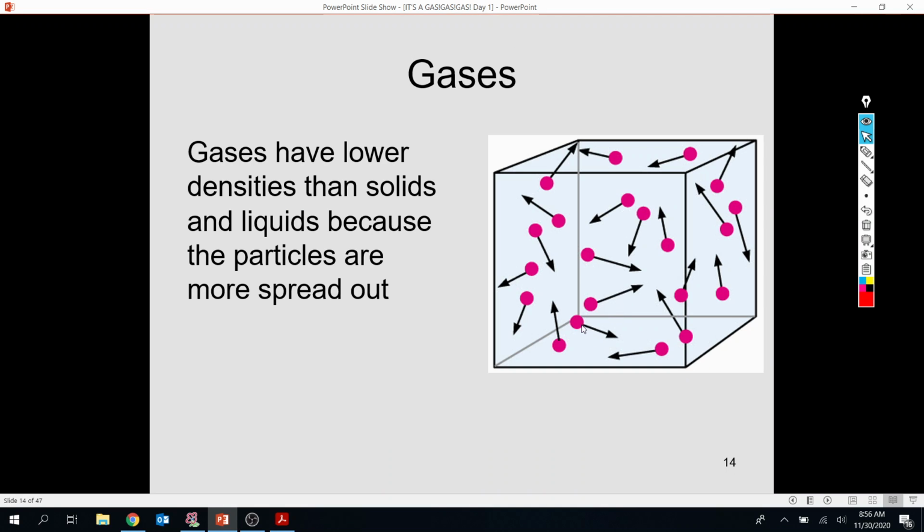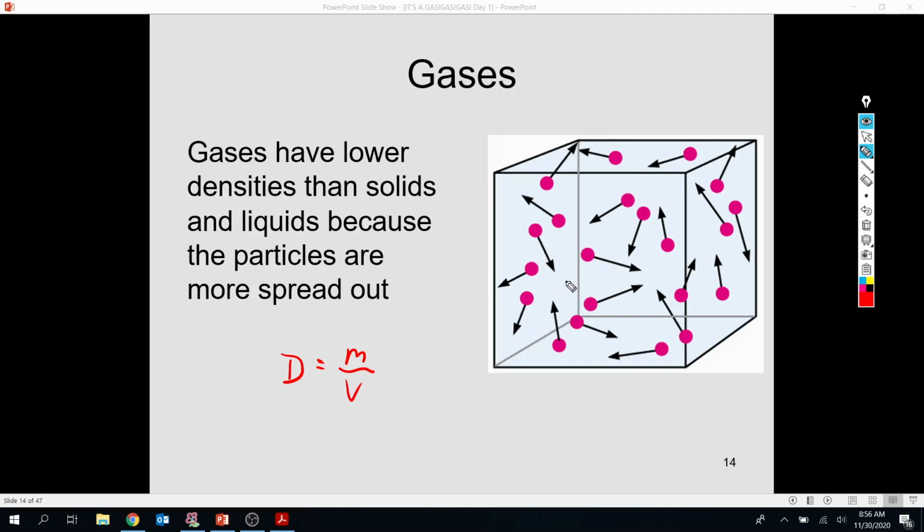Gases have lower densities than solids and liquids because the particles are more spread out. Remember that density is about the mass per unit of volume. So let's think about that for a moment. The density is equal to the mass divided by the volume. If we had a solid, this would all be completely filled in with molecules in the same volume.